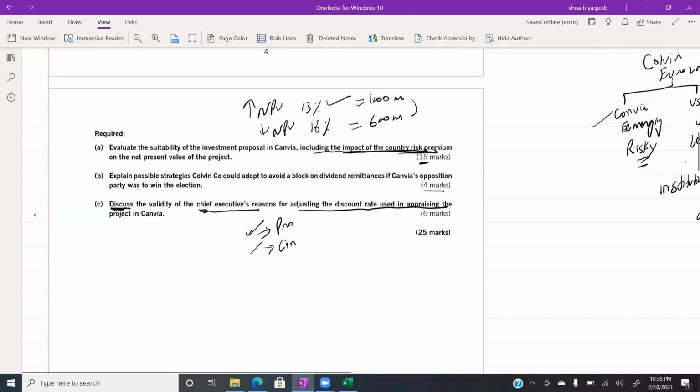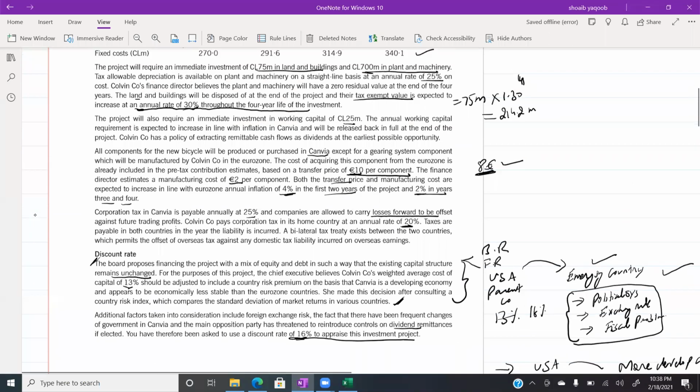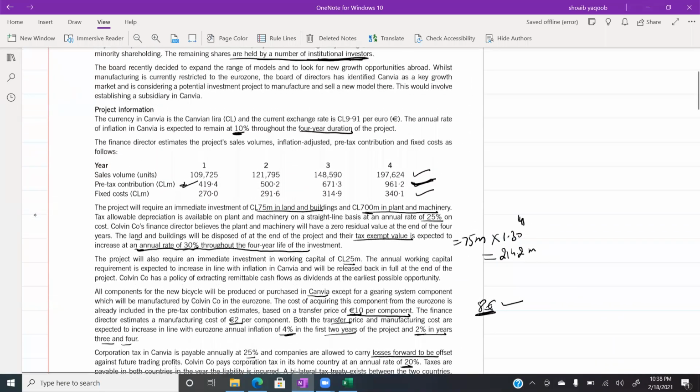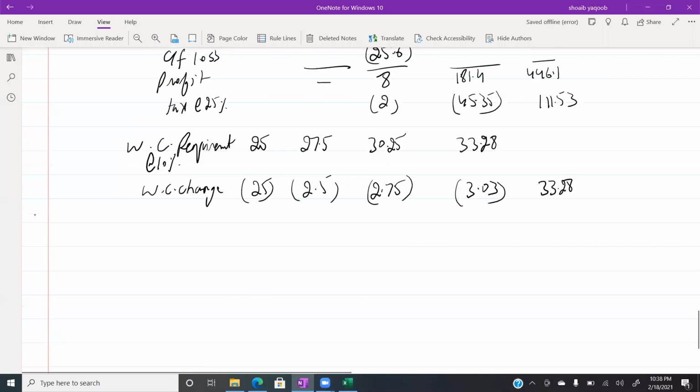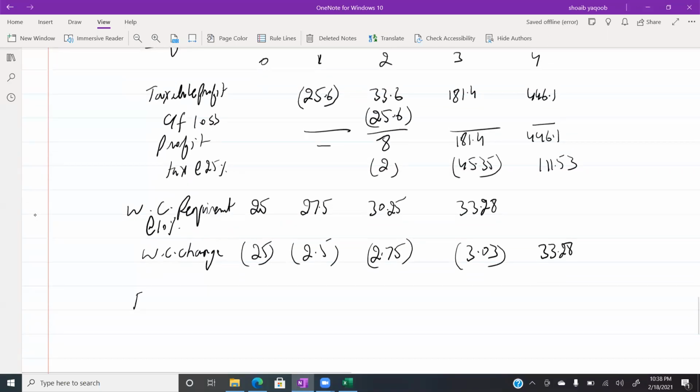What is the current exchange rate? 9.91 lira over euro.